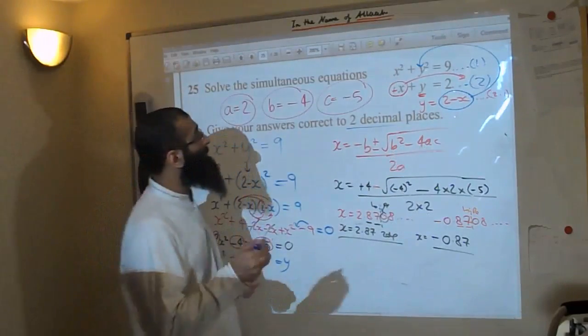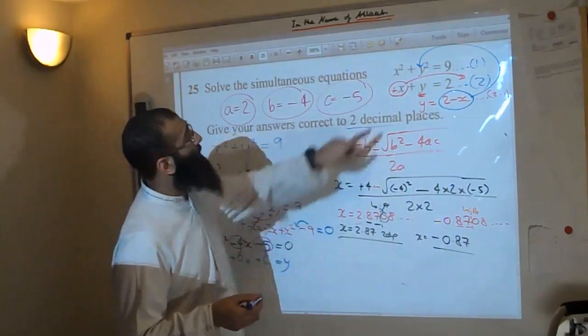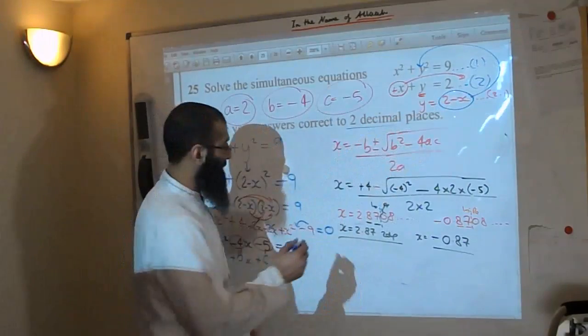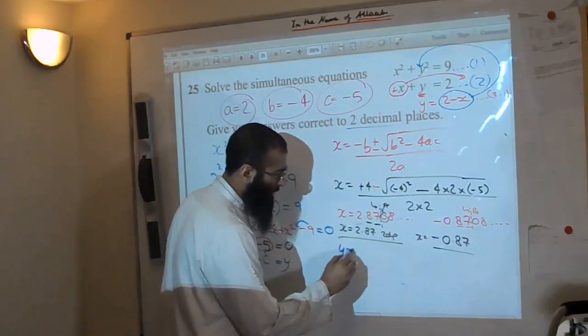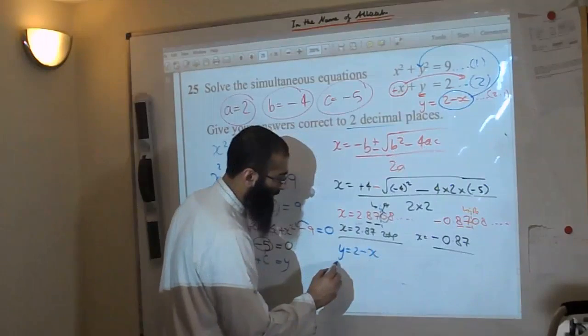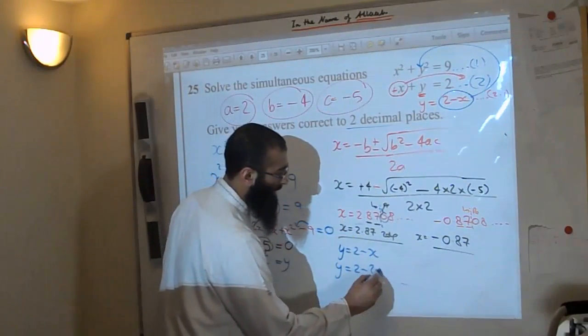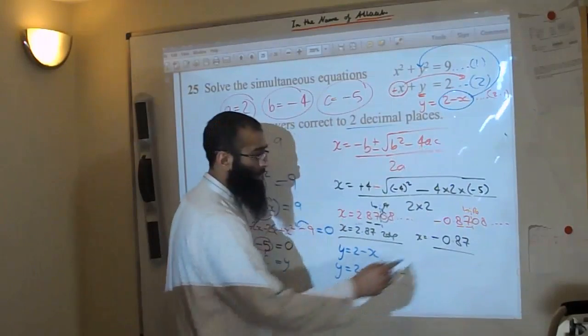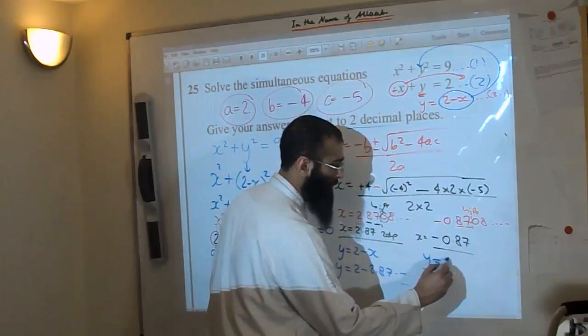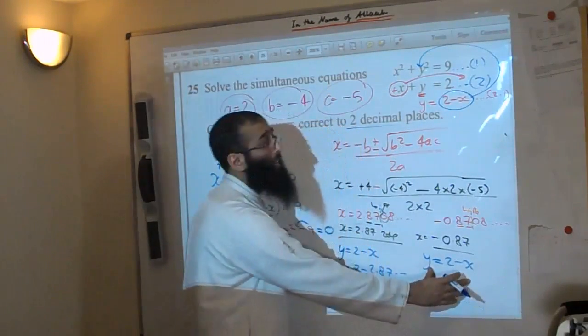Let's change color. To work out the y value for this, y is 2 minus x. So y is equal to 2 minus the x value, 2 minus 2.87. Same for this one, y is equal to 2 minus x. Where did we get this from?